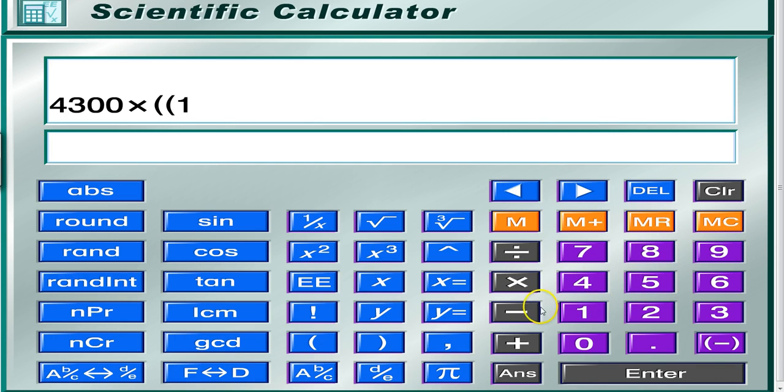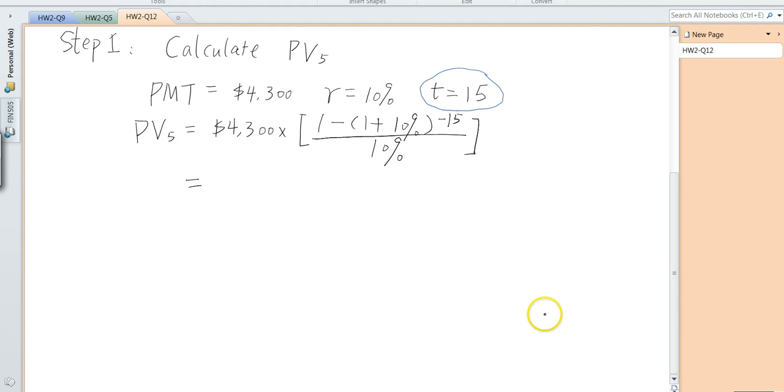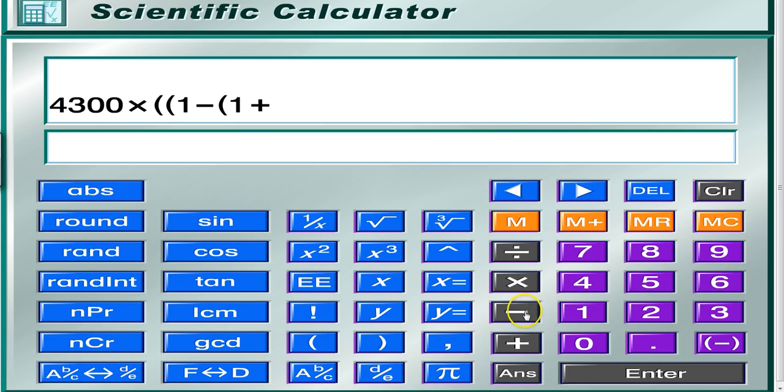One minus, then another parenthesis. One plus the interest rate, 10%, right? So that's going to be 0.1. And then right parenthesis. And then the power function.